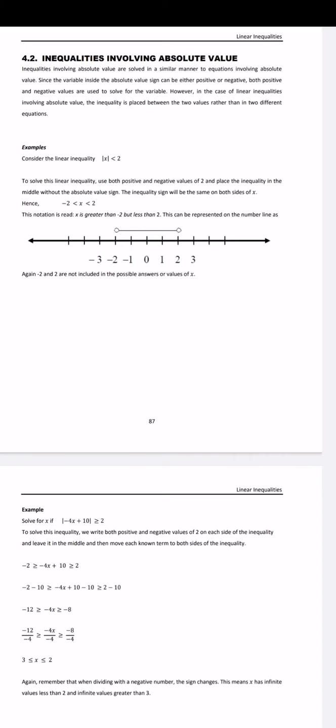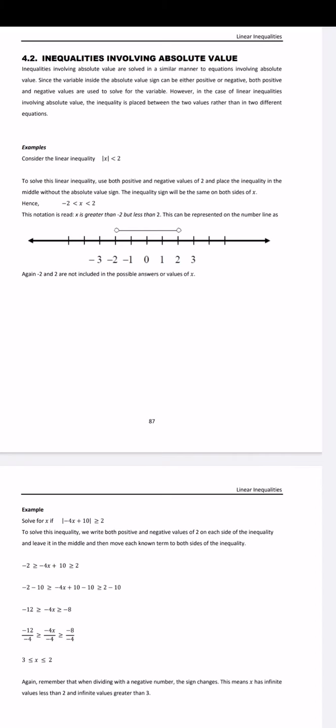If we take that to our number line, but before the number line, to solve that we have to take into account both the negative and the positive. That is, we have positive 2 and negative 2.